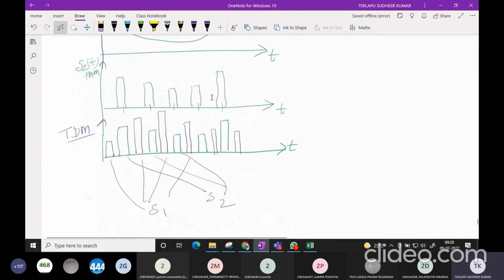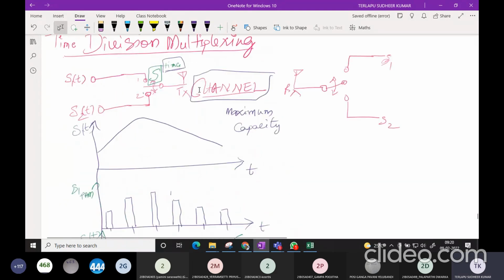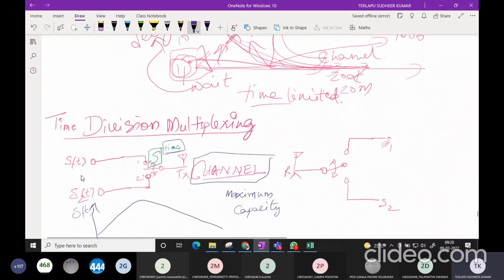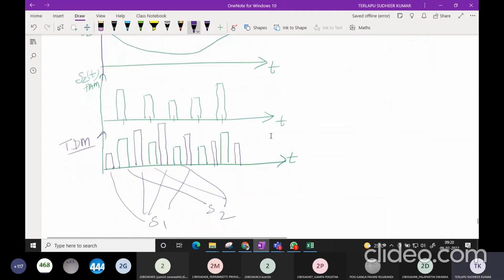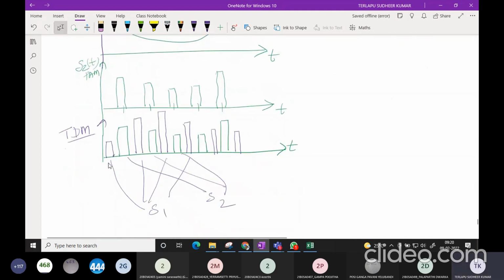Now the question is, how many such signals can be multiplexed over the same channel? It depends on the time available from one sample to another sample of the same signal.